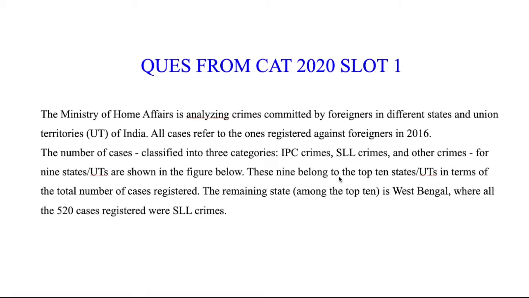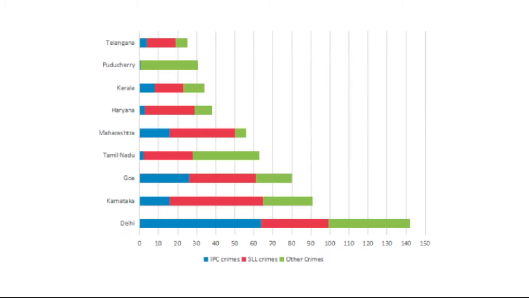These 9 belong to the top 10 states or union territories in terms of the total number of cases registered. The remaining state is West Bengal, where all 520 cases registered were SLL crimes. So this is the bar chart where all the crimes are given. Blue is for IPC, red is for SLL, and green is for other crimes.